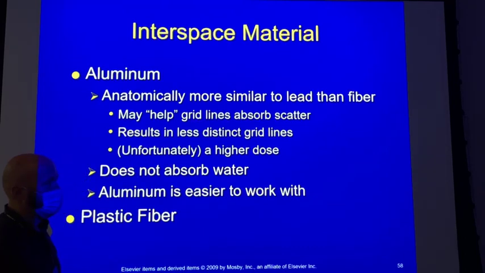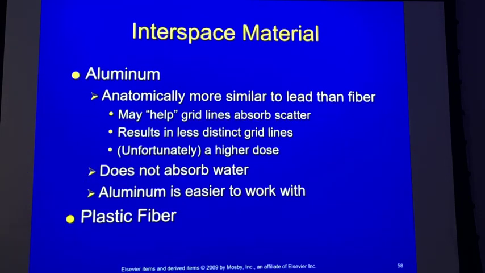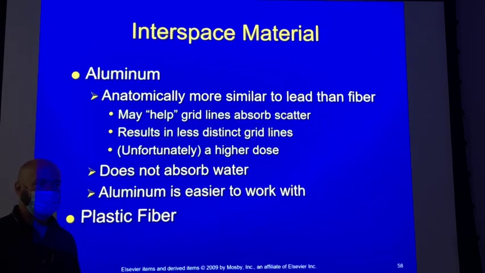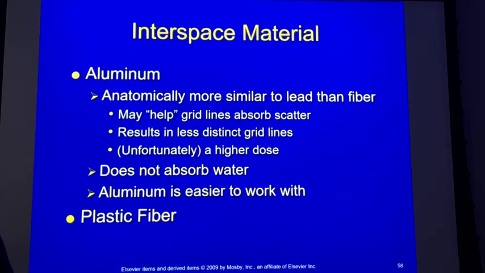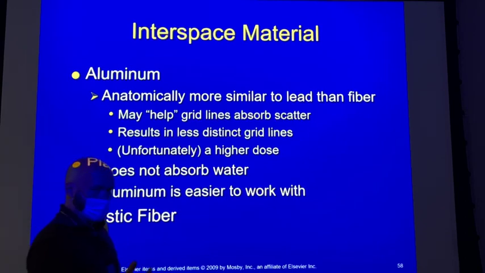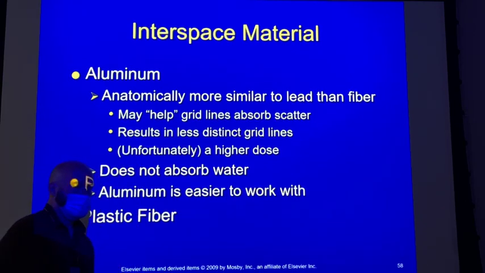Can't get past it. If you have very thin strips that are really close together, they might not be as obvious as very thick strips that are kind of far apart, right? So an 8-to-1 grid is probably going to have some thicker strips further apart that might stand out a little bit more, and I think that's part of the reason that we use thinner 10-to-1, so that we don't see those grid strips quite so well.